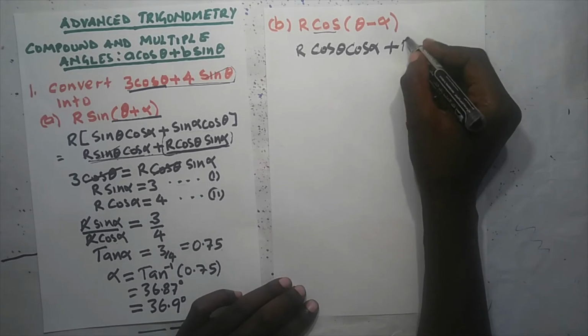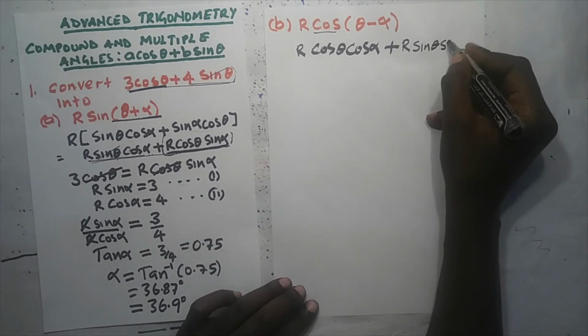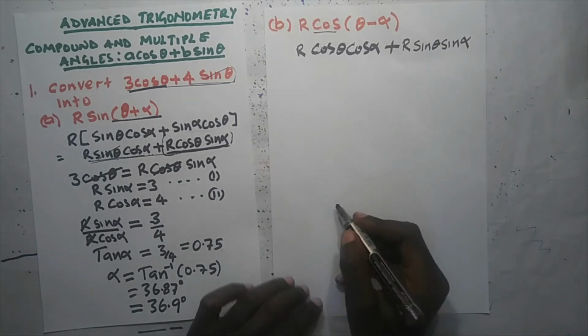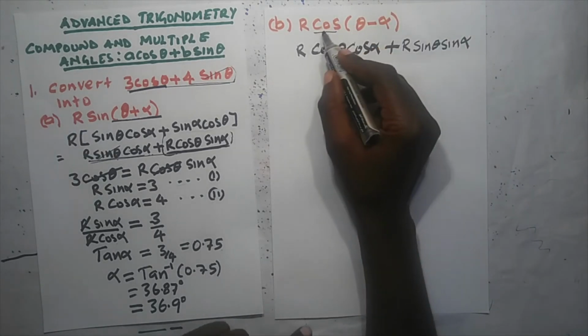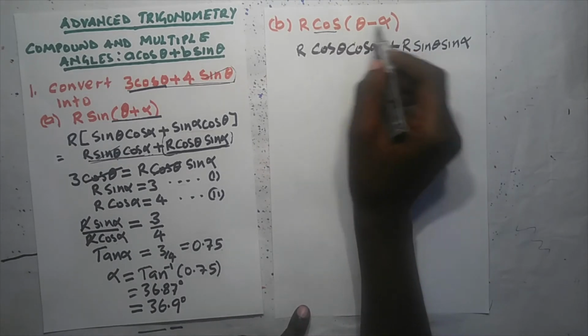So this is going to be R on the other side, sine theta sine alpha. So this is how the identity is for this kind of a function.